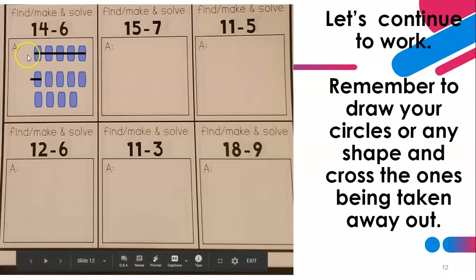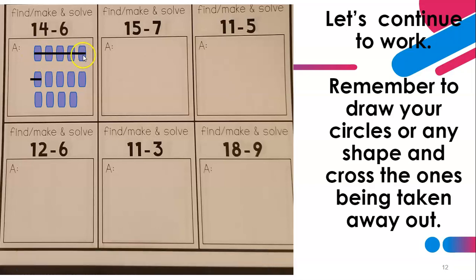See, here's my group of 5. 1, 2, 3, 4, 5. Here's my extra one, 6. I'm sorry, not 5 minus 1, but 5 plus 1 is 6. So we crossed out 6.